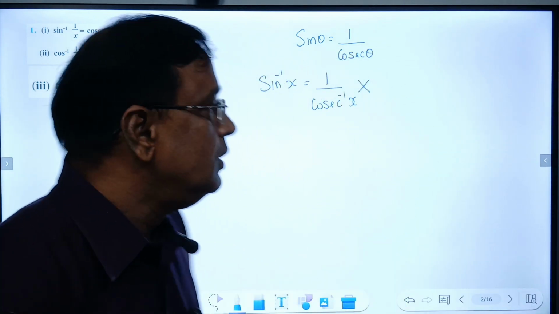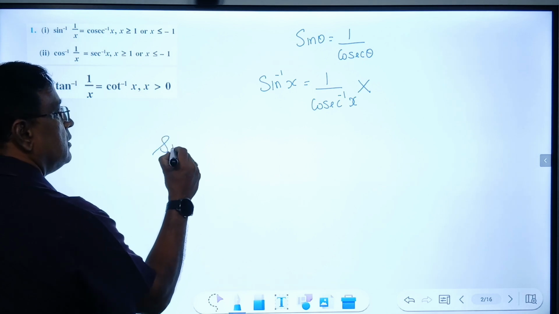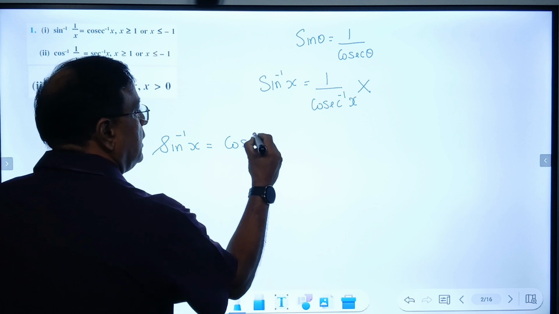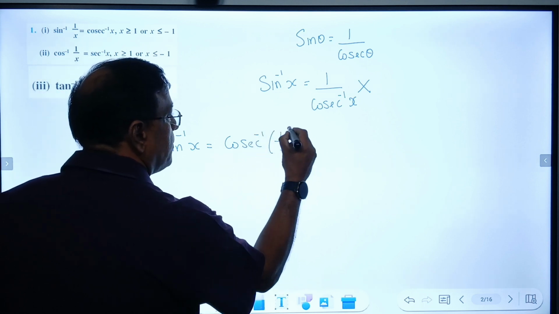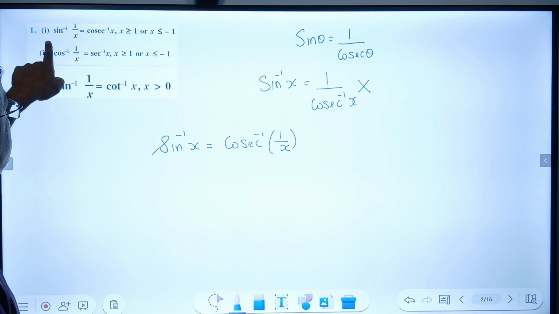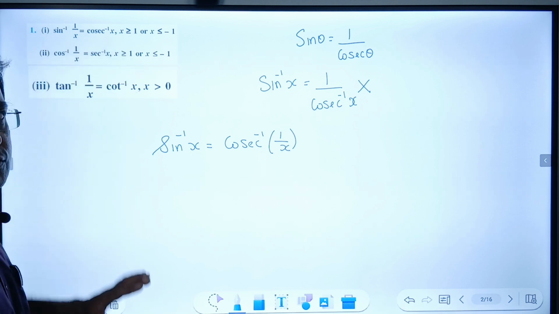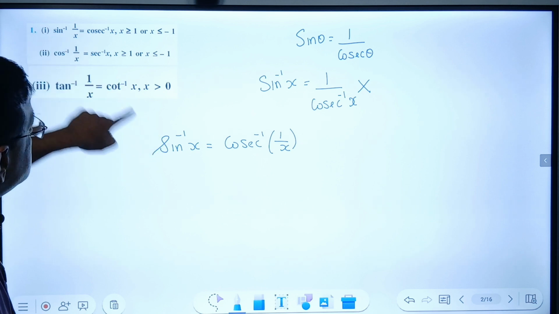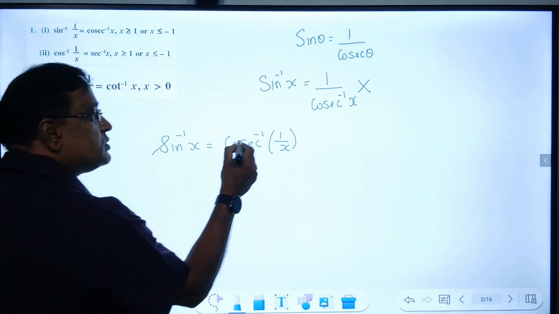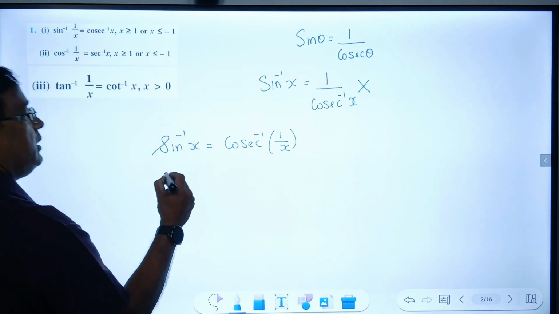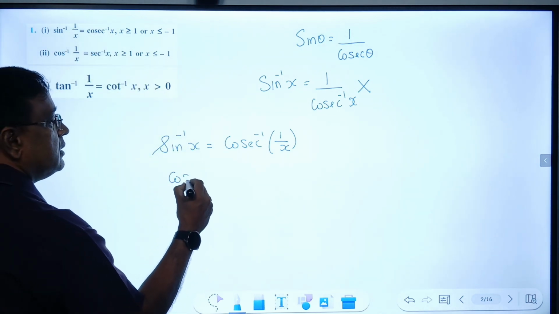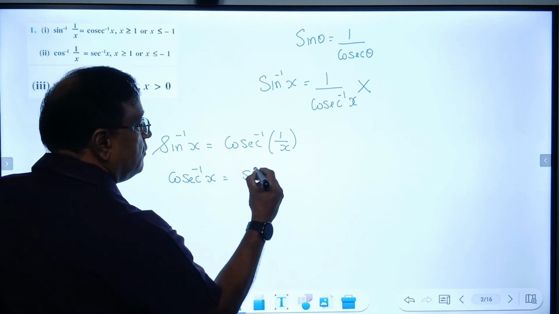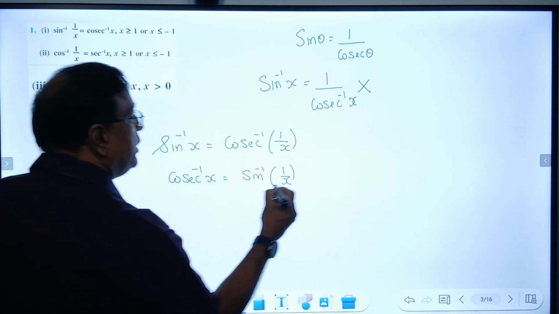Instead, what do I do? The formula is sine inverse of x is cosecant inverse of 1 by x, or sine inverse of 1 by x is cosecant inverse of x. The other formula connected with sine: sine inverse of x is cosecant inverse of 1 by x, or you can write cosecant inverse of x is sine inverse of 1 by x, subject to the domain of definition.